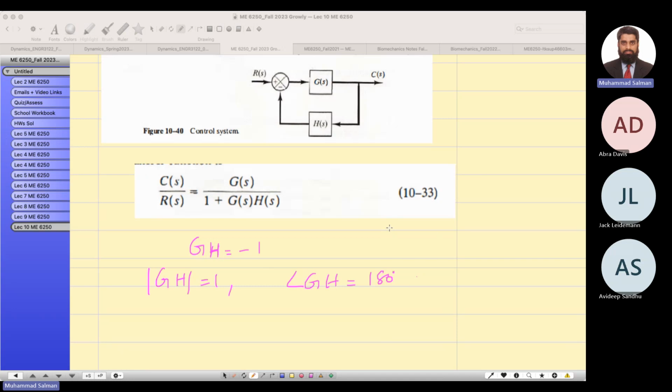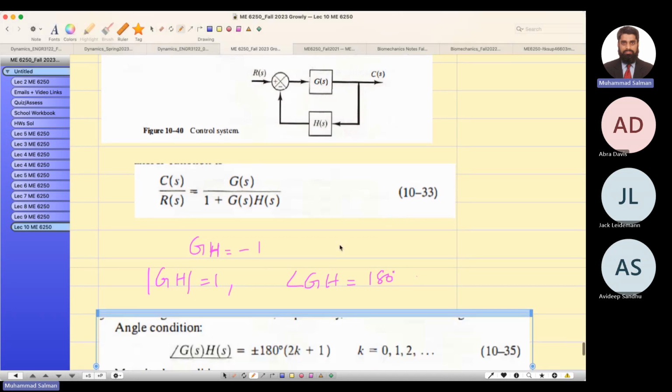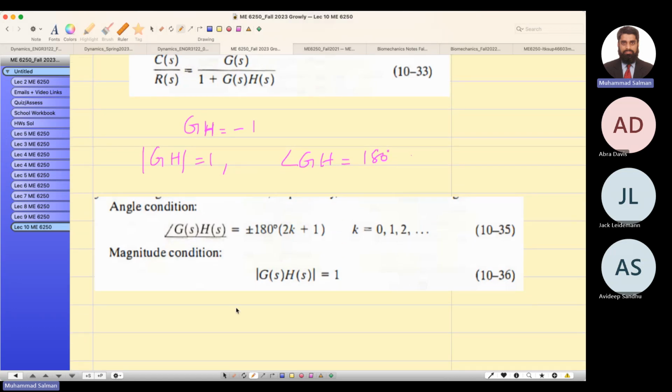We call these two criteria the magnitude criterion and the angle criterion. The angle criterion is that the angle is an odd multiple of 180 degrees. Each time, the angle should come to an odd multiple of 180. And the magnitude criterion is that the magnitude equals 1. And let's do one example.